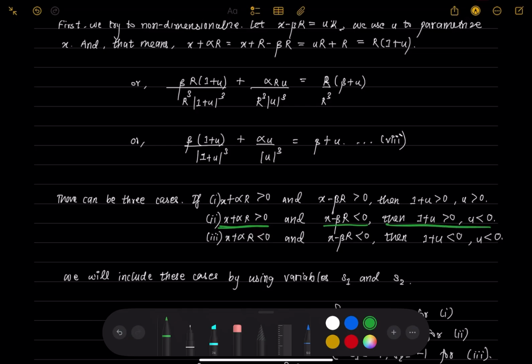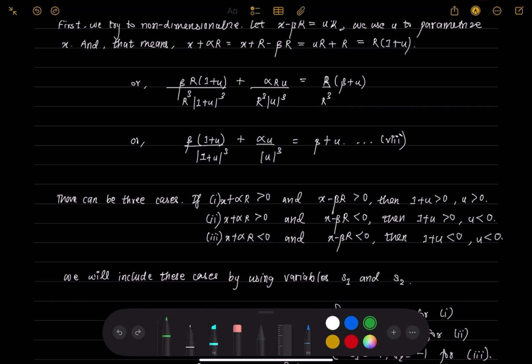This is a very possible case. What is not possible is x plus alpha r being smaller than 0 and x minus beta r being larger than 0, because adding something giving you less than 0 but subtracting something giving you greater than 0 is not a possible case. That's the only non-possible case.